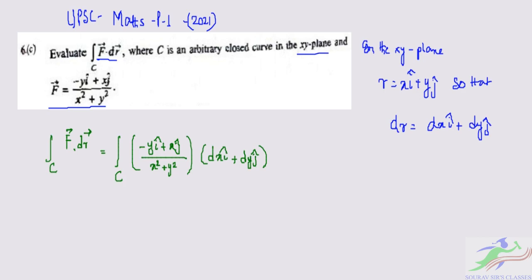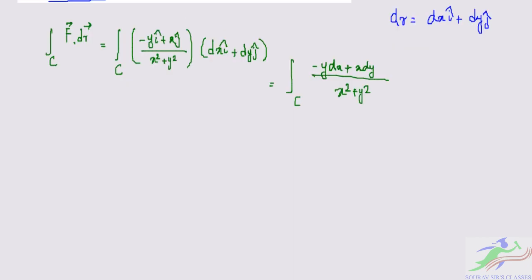If we do this integration, it becomes the integral over C of (minus y dx plus x dy) by (x square plus y square). So we change to polar coordinates by putting x equal to r cos theta and y equal to r sin theta.